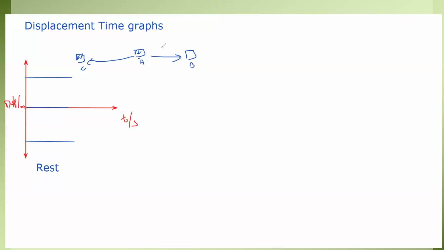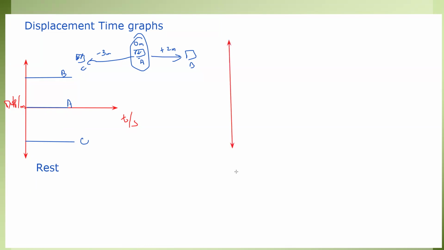So for example, this object has a displacement of +2, this object has a displacement of negative, and this object has a displacement of 0. If I sketch a graph for the object which is next to me, then this will be the graph. If I sketch a graph for an object which is at rest on the right of me, that will be B. If I sketch a graph for the one on the left, then C will be the graph. So that's a displacement time graph for an object which is stationary or not moving.